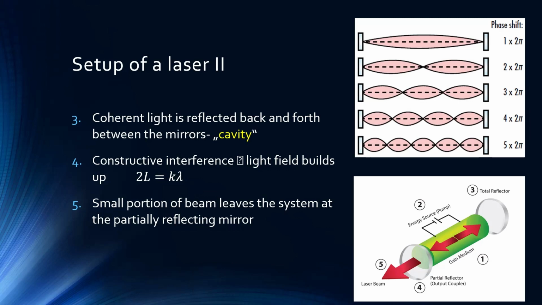So you always try to tune your cavity so that the wavelength you desire will be supported by constructive interference. And now we have this light field building up between those two mirrors. How are we going to get it out of the system? How do we generate this laser beam? For that, one of the mirrors is made just ever so slightly transmissive to this light.